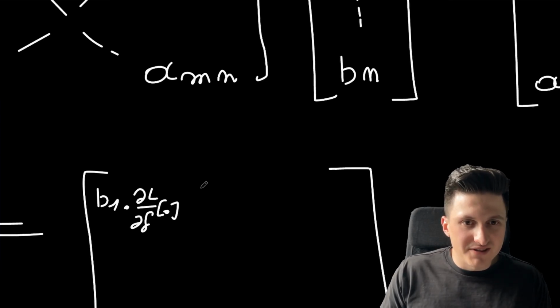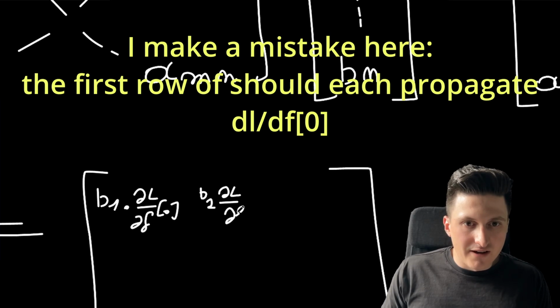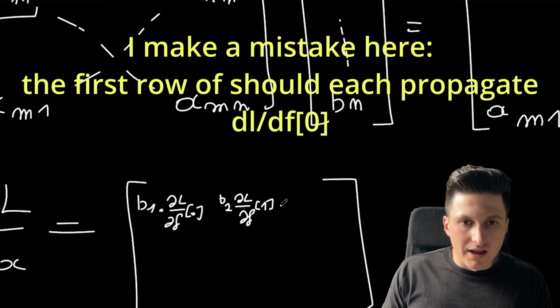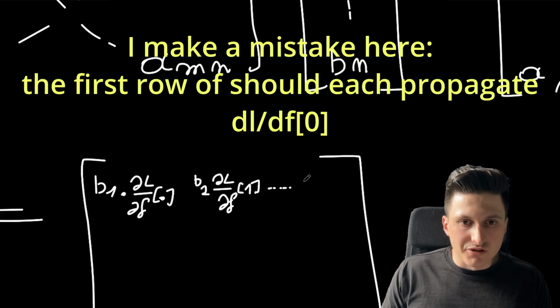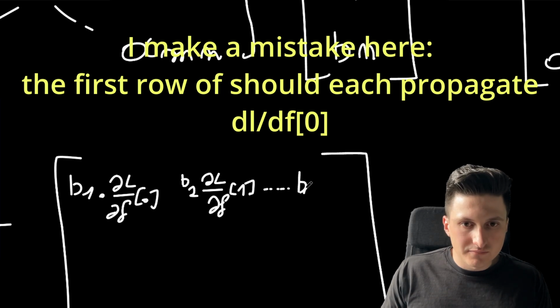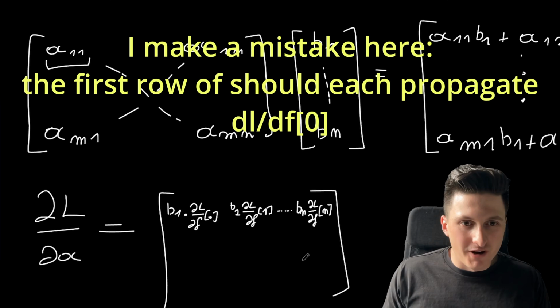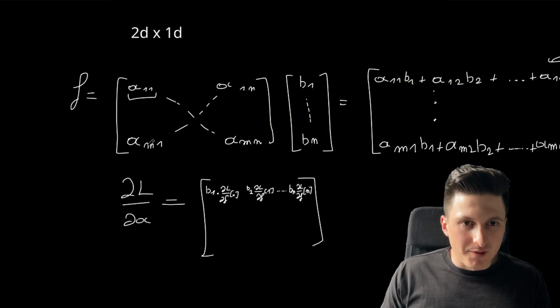So this becomes b2 times dL/dF1, and just continue it like this. And at the end it will just be bn times the derivative of the output with respect to n. I apologize for my drawing skills, but okay.